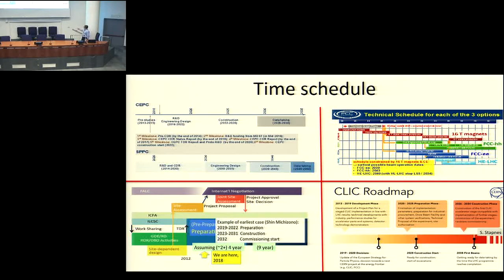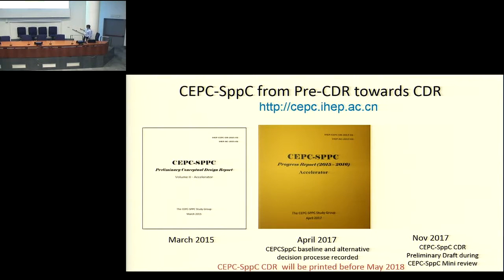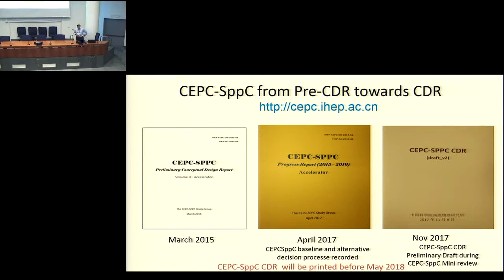This is a collocated roadmap, where construction is planned to start in the 2030s, 2035, okay, 2025. So for the CEPC, SPPC, the CDR is almost completed.